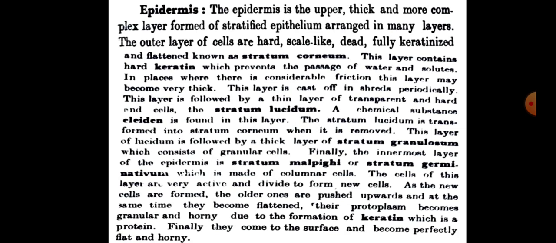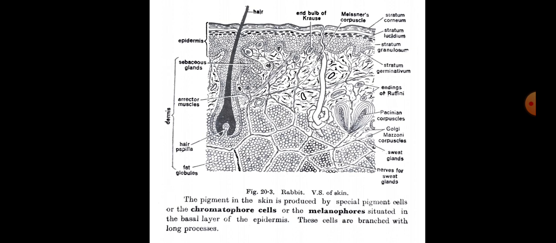Finally, they come to the surface and become perfectly flat and horny. The pigment in the skin is produced by special pigment cells or chromatophore cells or melanophores situated in the basal layer of the epidermis. These cells are branched with long processes.